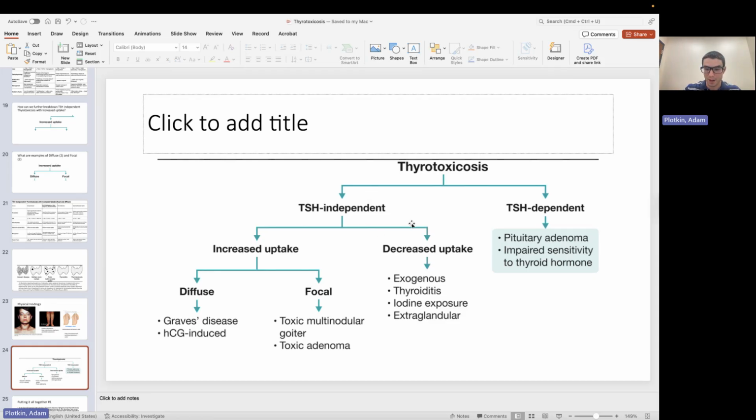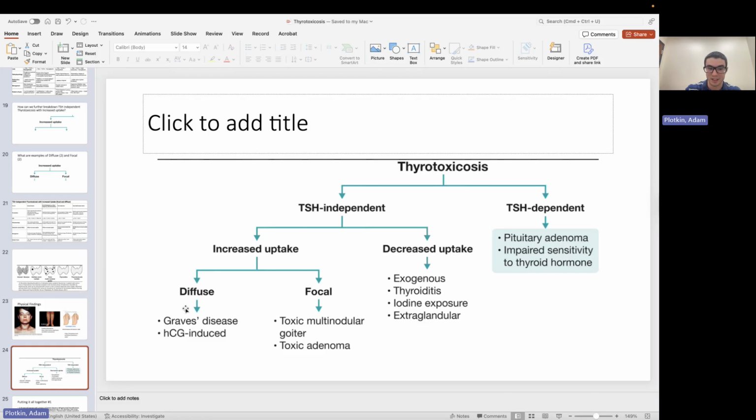If there is decreased uptake, that could be due to exogenous thyroid hormone ingestion, thyroiditis, where we have thrown out all my thyroid hormone and now my thyroid tissue is closed down, iodine exposure via the Jod-Basedow phenomenon, or extraglandular source via struma ovarii. If it's increased uptake, we can then look at the radioactive iodine scan and say, was this diffuse?